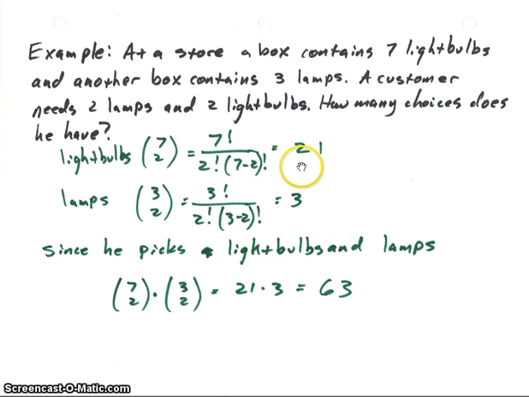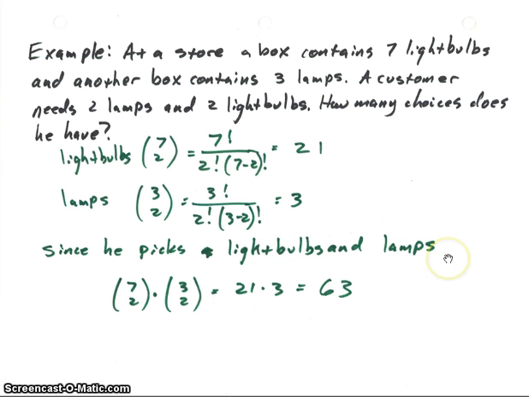And if you work through the equation, the total number of choices he has for that is 21. Now for the lamps, sorry, that was for the light bulbs. For the lamps, he's going to pick 2 lamps, and he has 3 possibilities that he can choose from. And using the binomial coefficient, the number of choices he has is 3.